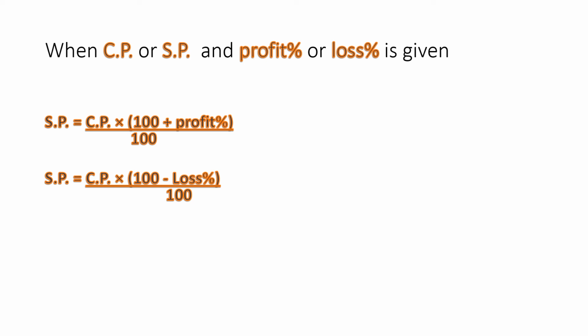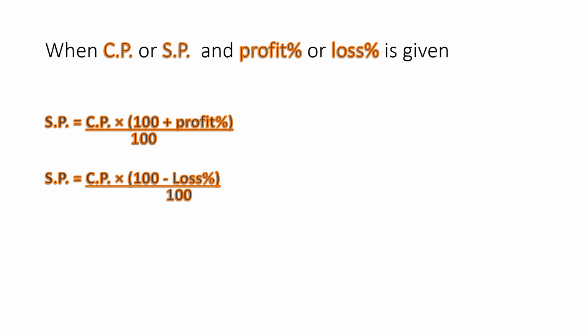This is a single term, that's why we keep it in a bracket. It is not that we multiply CP with 100 and then subtract loss percent. First you calculate 100 minus loss percent. If 5% is given, that value becomes 100 minus 5, 95. So first calculate 100 plus profit percent, then multiply by CP and then divide by 100.